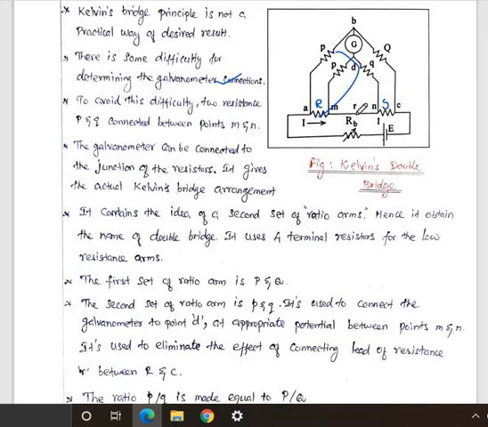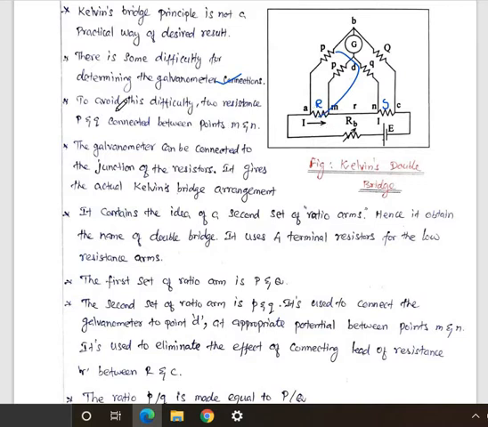How do we avoid it? We construct a parallel bridge, a double bridge arrangement, to overcome the additional resistance added into the circuit. So we don't have to consider that resistance; we just focus on the R resistance, that's all.